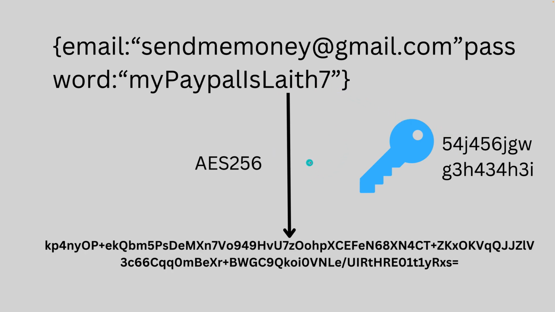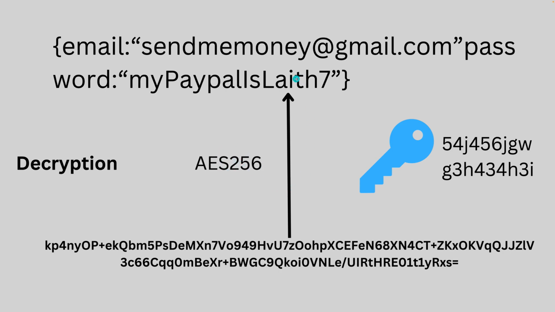AES 256 is a very famous encryption algorithm that's going to take the data, take the key, and then form some sort of string that is scrambled up and makes absolutely no sense to a normal user. If I were to give you this string, you're going to have no idea what it means unless you have the key itself, because not only can you encrypt data with the key, you can also decrypt data with the key as well as the exact same algorithm.